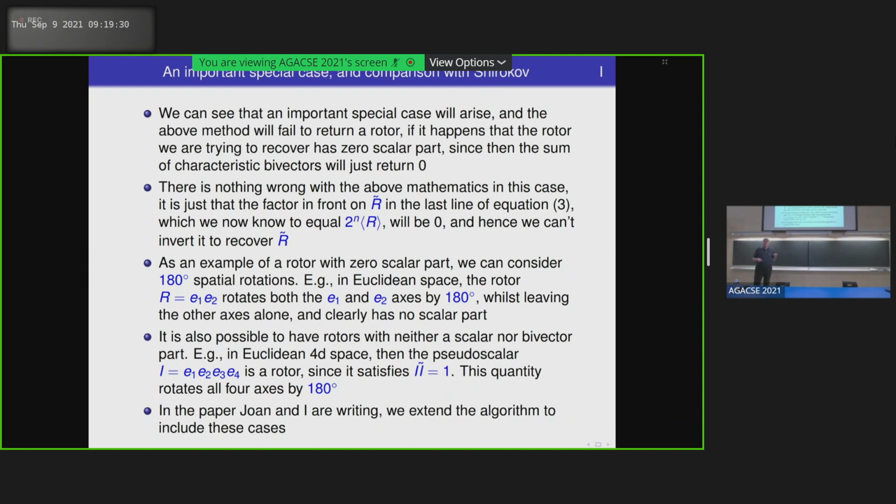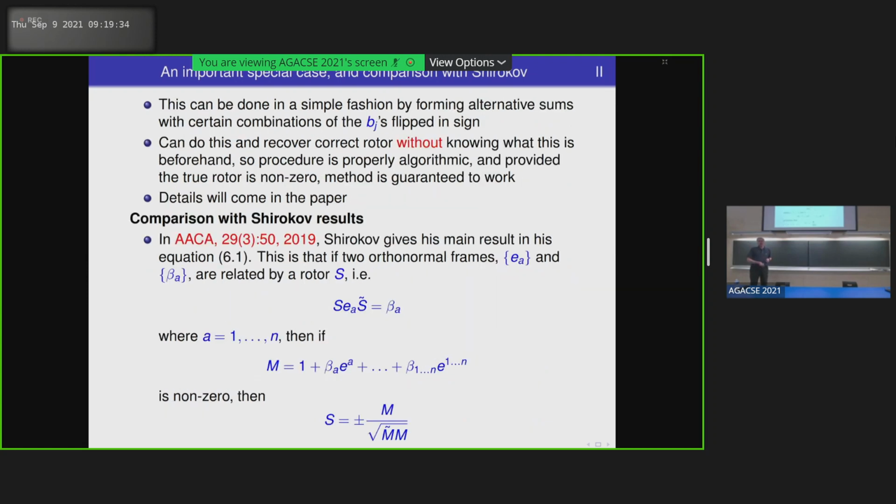But these are the simplest forms of rotations because they're just sign flips. So you don't need any extra work really, other than evaluating the sums again with certain combinations of the outputs Bj split and sign, which is quite an easy thing to do. So basically you can recover the correct rotor without knowing what the correct rotor is beforehand, which is an important point.